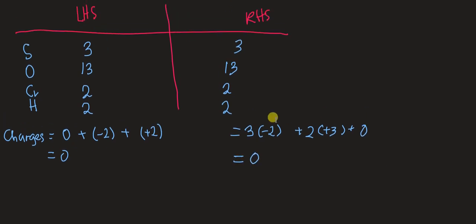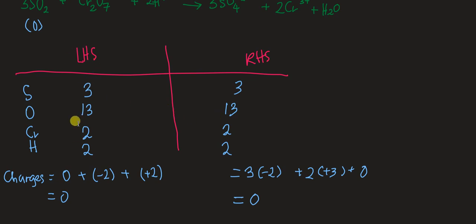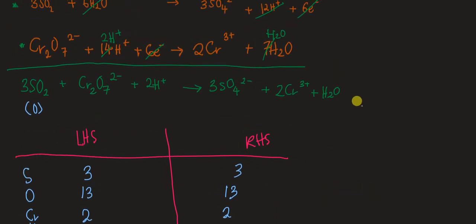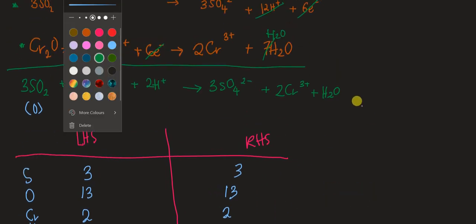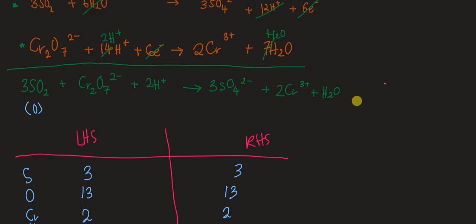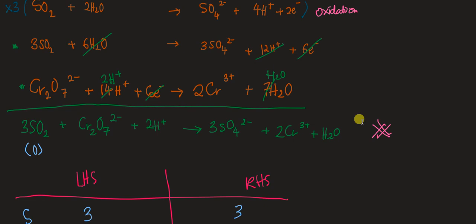Now if we look at the left hand side, right hand side analysis, the atoms are all balanced and the charges are balanced as well, which means that this is the final balanced equation. And remember, it is very important for us to show both of these half equations as well as this. So this is important to be shown, same as this one as well.